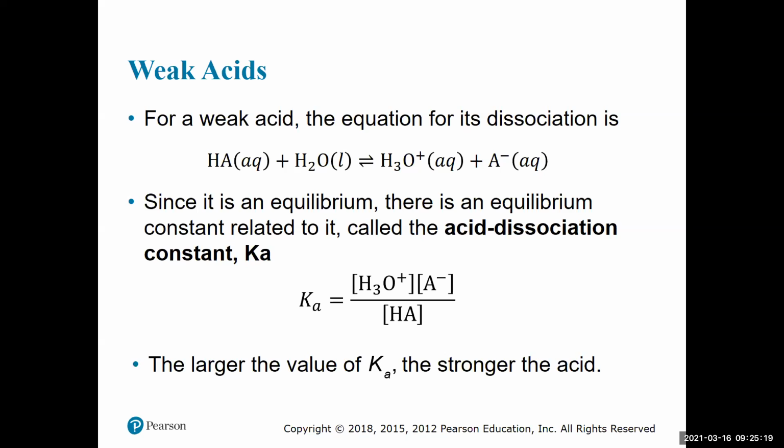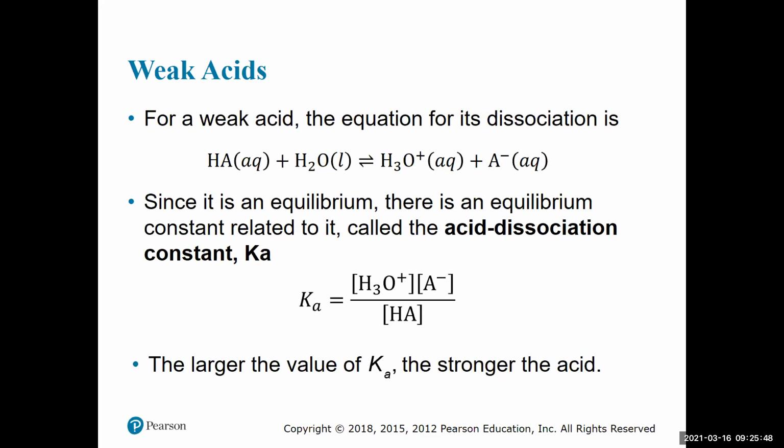So in this generic equation here, where HA on the left is a weak acid, we'll have some that dissociates into H3O plus and A minus, but there's still going to be some in the form of HA. And depending upon how much that gets donated, that tells us how strong the acid is.